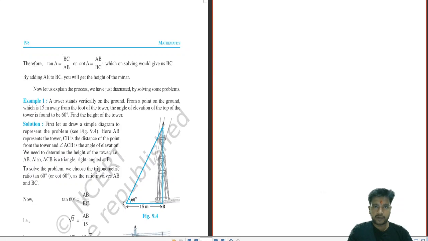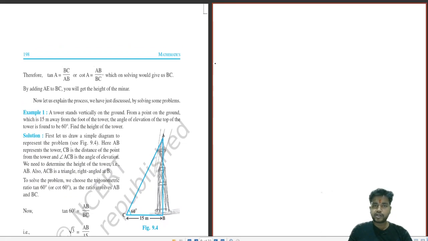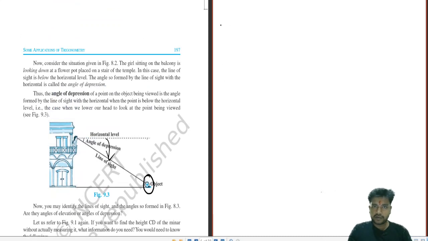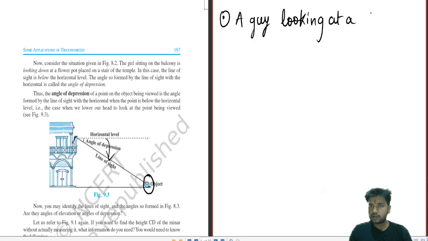Now we'll go with example 1. What type of examples can you look into when solving height and distance? The basic thing is the tower shown, the object seen. The common question arises from, first of all, a guy looking at a flying plane above his head.